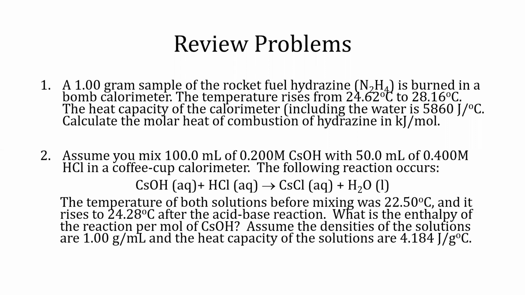The temperature of both solutions before mixing was 22.50 C, and it rises to 24.28 C after the acid-base reaction. What is the enthalpy of the reaction per mole of CsOH? Assume the densities of the solutions are 1 g per mL, and the heat capacity of the solutions are 4.184 J per g°C.